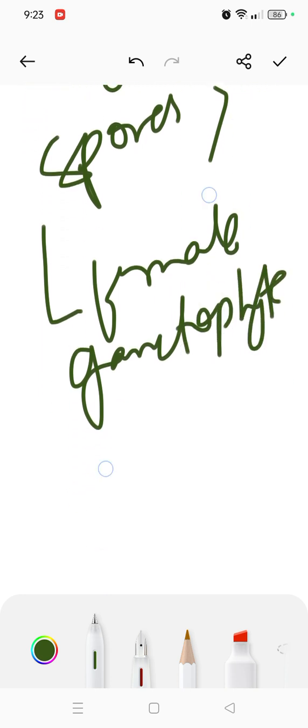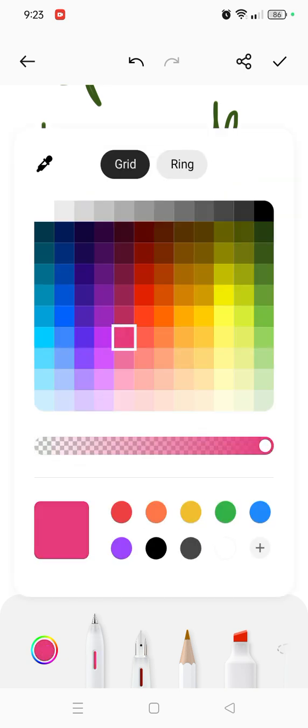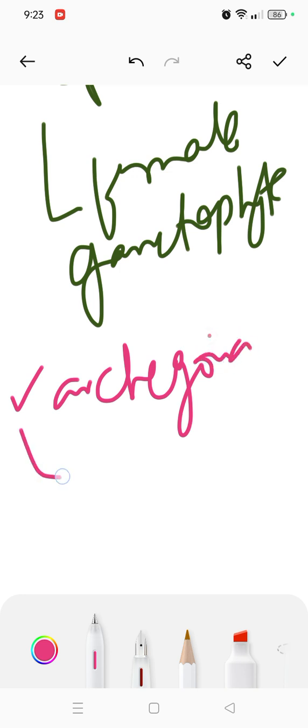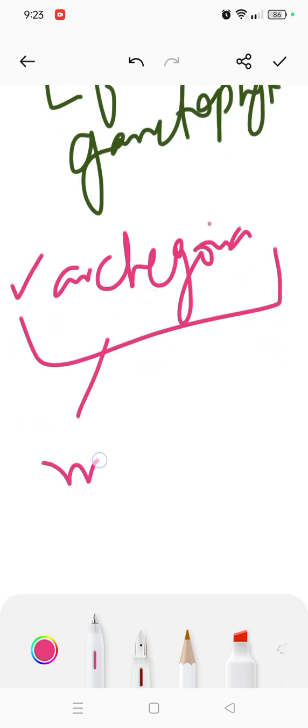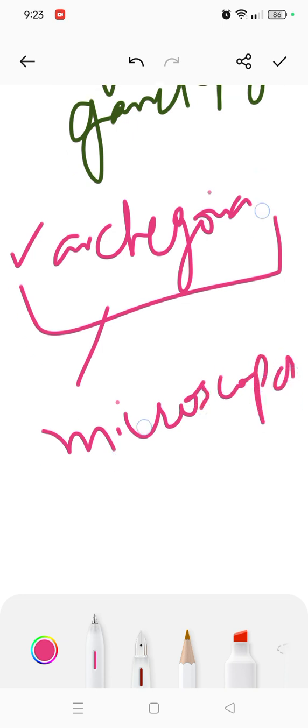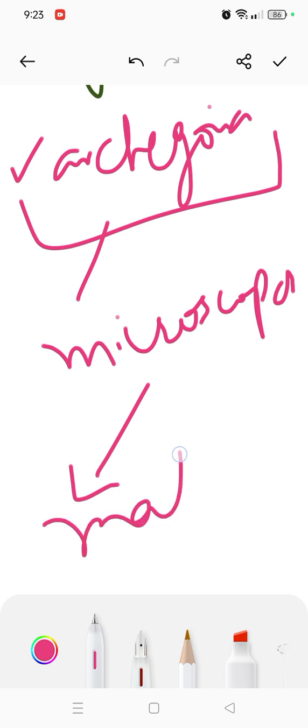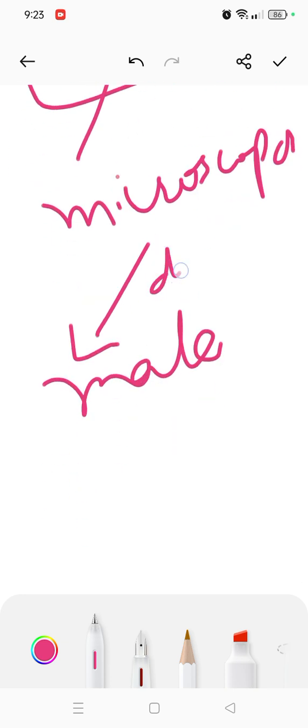And they also have archegonia. The small microspores, when developed, develop into the male gametophyte.